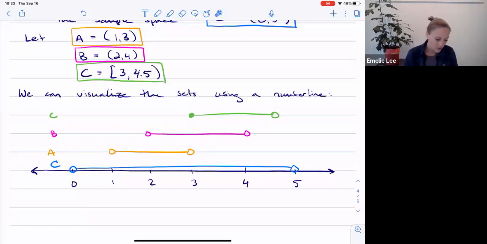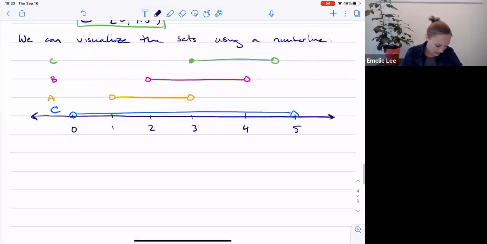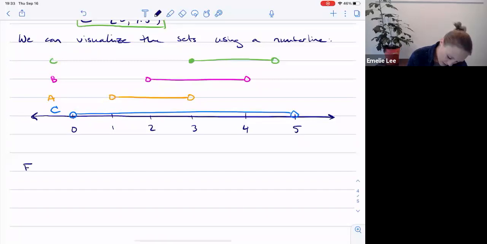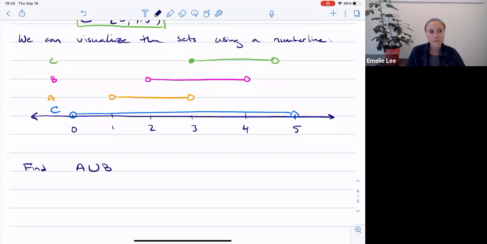All right, so now let's use this number line to see what we can get here. What if I ask you to find A or B? So anything that's in A or B. Well, if I look here, it has to be in A or it has to be in B. Now there's a bit of overlap here.